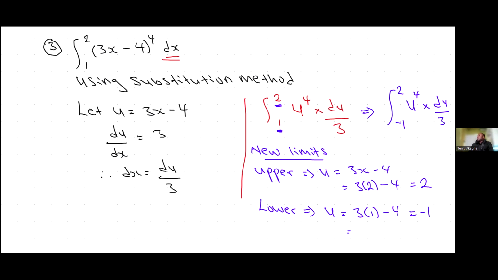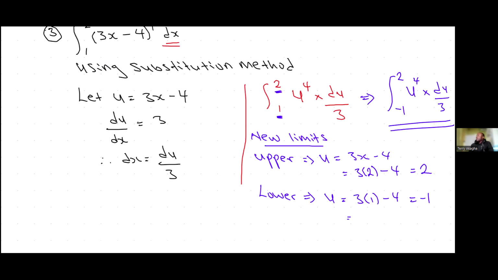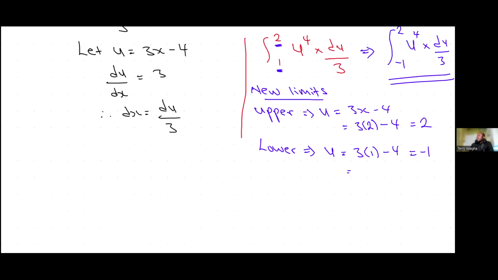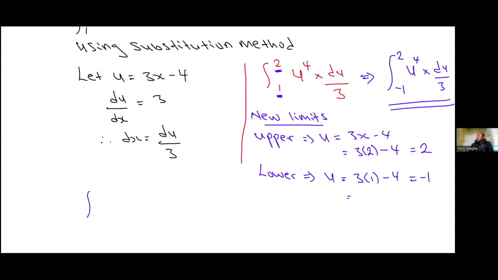Now, this is what we then integrate. So we're going to have the integral sign of 2 minus 1, u raised to the power 4 divided by 3 du. Okay, so let's get on from there.